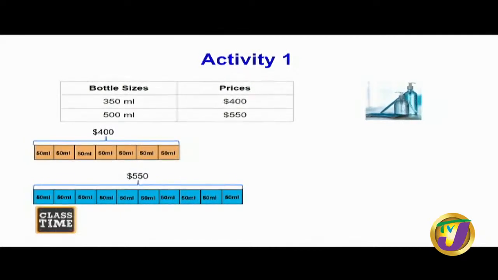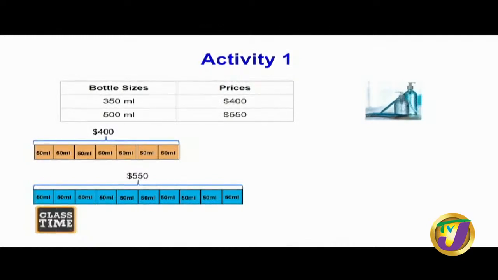So even as we look at the diagram, we're seeing the same quantity coming out. We're comparing the cost for 50 milliliters from the first bottle with the cost for 50 milliliters from the second bottle.